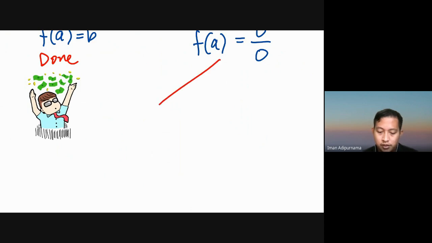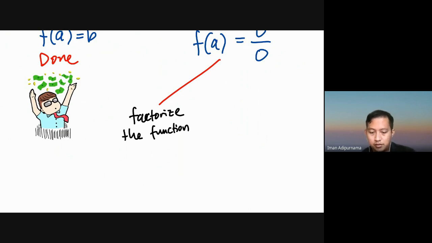So there are 3. First, you need to factorize the function somehow. The second one is to conjugate or rationalize.